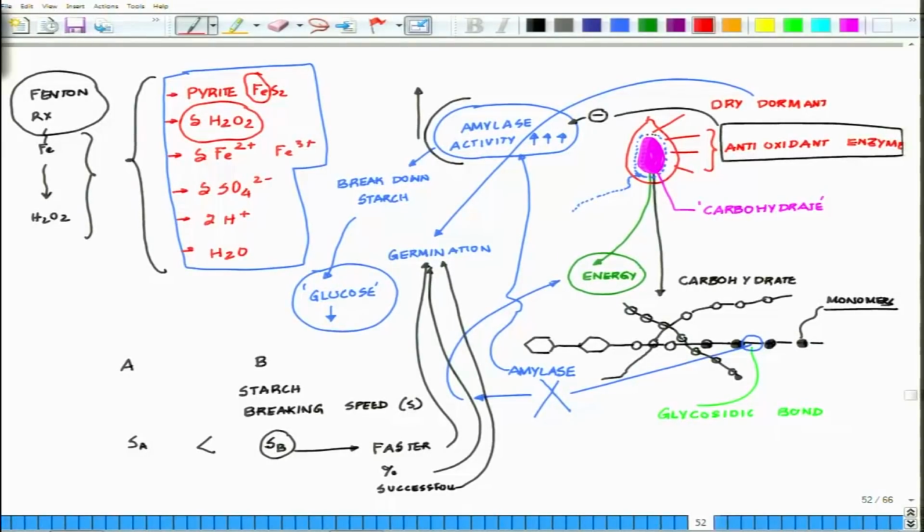So, in other words, the aqueous chemistry of FeS2 is similar to or very close to the Fenton reagent or Fenton chemistry.